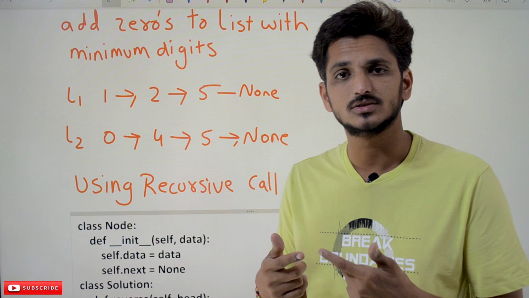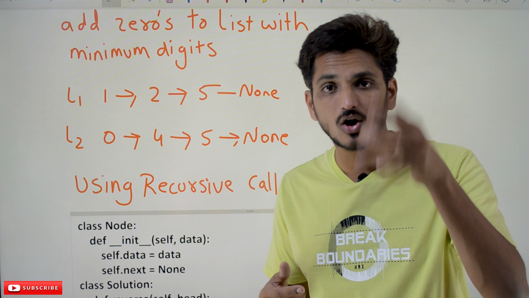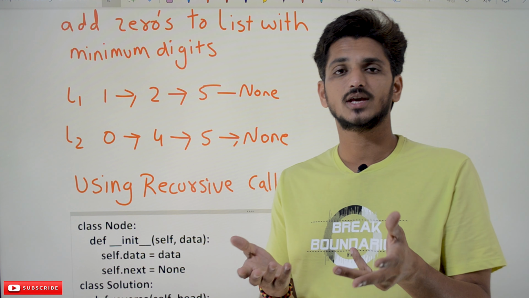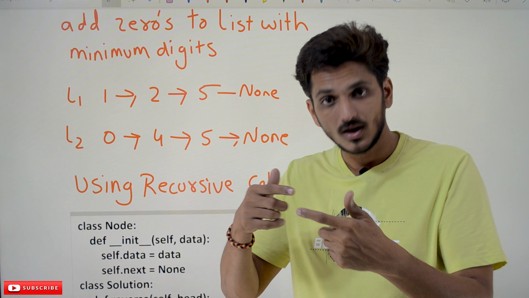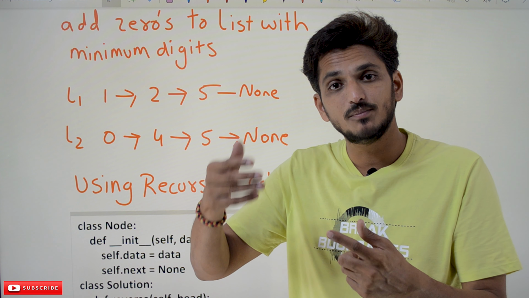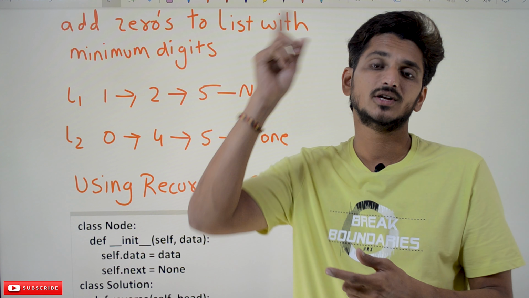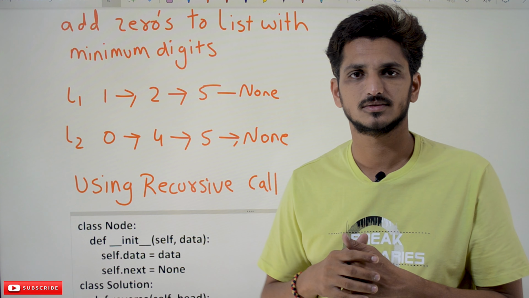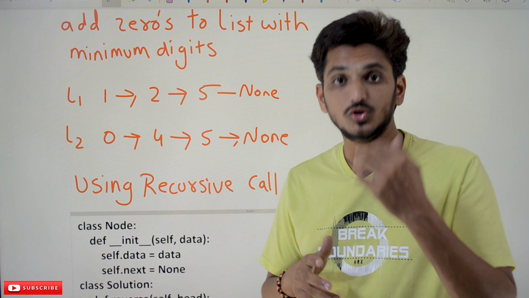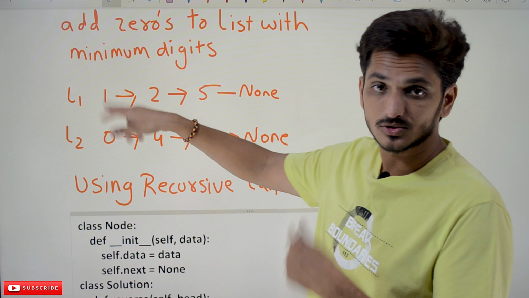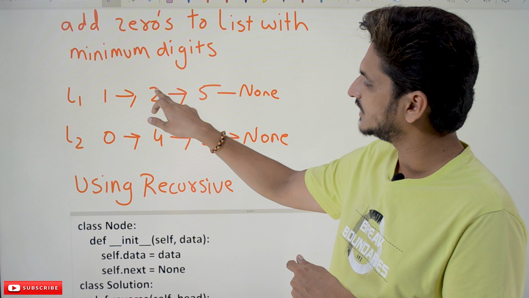How can we do this? Using a recursive function call. Recursive function calls work based on the implementation of a stack. We discussed these points when we discussed data structures. So use a recursive function call. Recursively call the function on the next node.